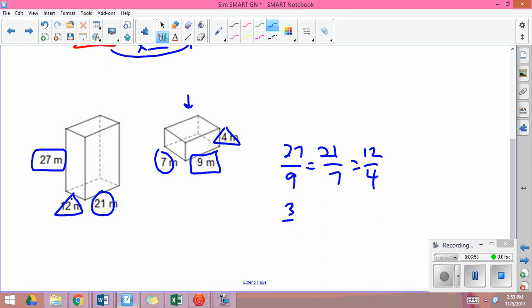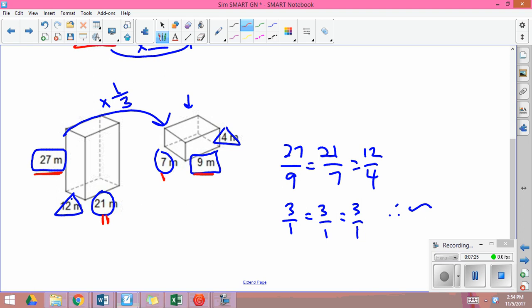This would reduce to 3 over 1, 3 over 1, 3 over 1. They have the exact same proportions, therefore these are similar figures. To change from the big figure to the little figure, I multiplied by 1/3 in every situation, or I divided by 3. So I proportionally shrunk this. The key is to find the biggest side, match it with the biggest side, the second with the second, so that you are matching corresponding pieces with corresponding pieces.